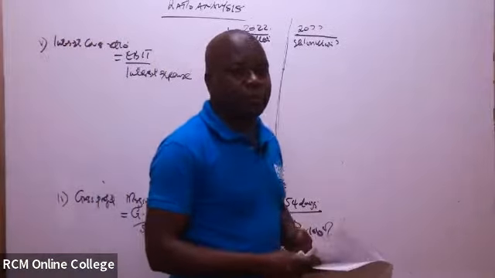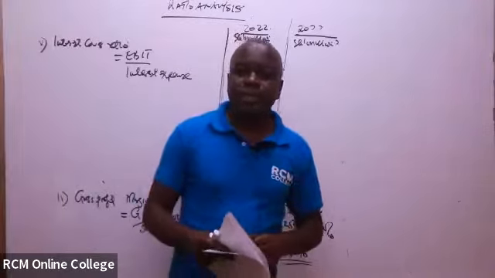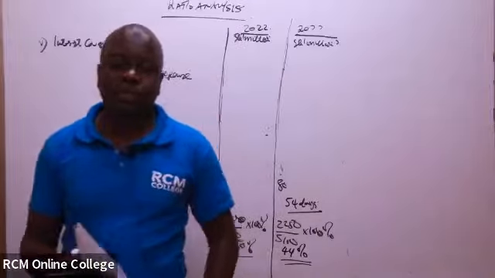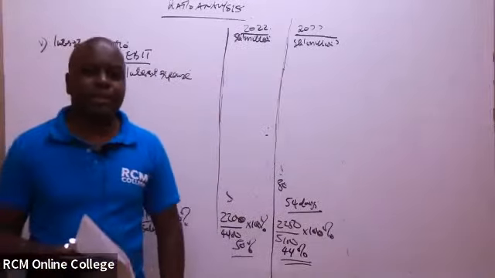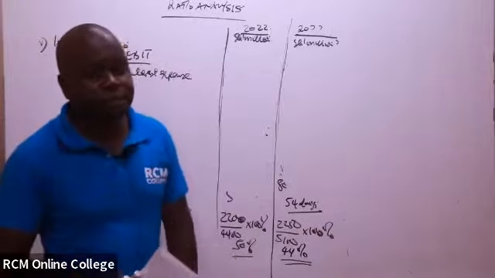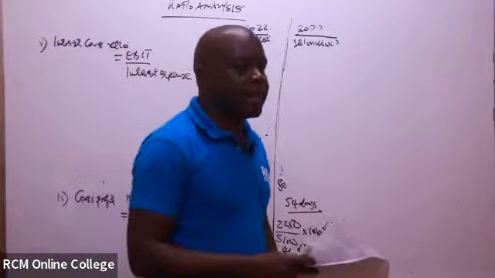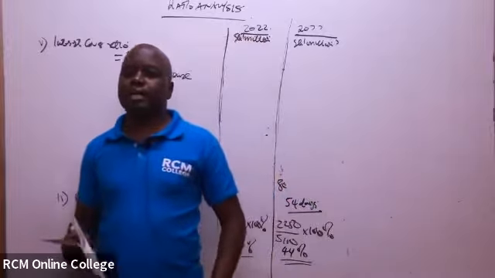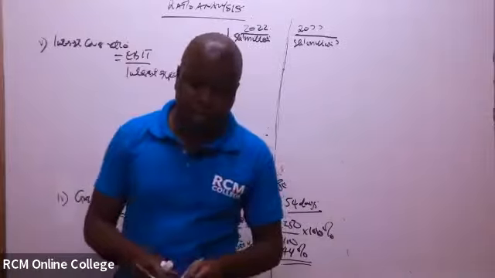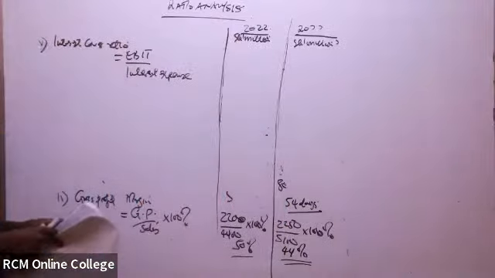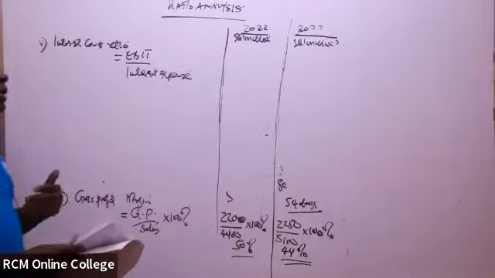A lender can look at the previous years, how comfortably this company has been able to settle its interest expense, and know the company is very strong.